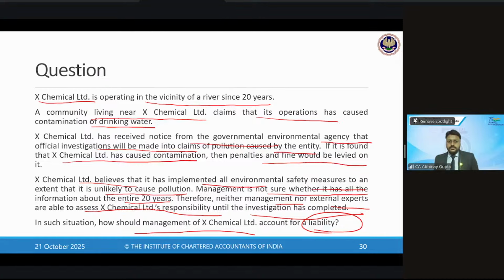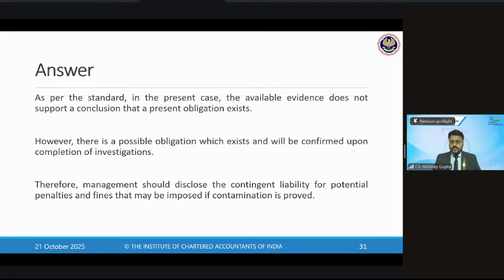Try to participate. Okay, so Ayush is saying it is a contingent liability.